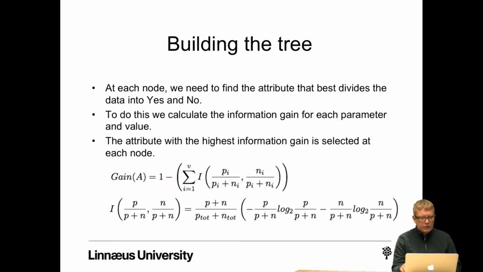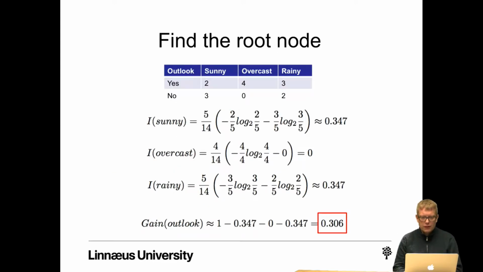But as always, it's easier if we step into an example right away. So we take the data set. The first step is to find the root node of a tree, which attribute and value should be in the root node. So we calculate the frequency of different values.